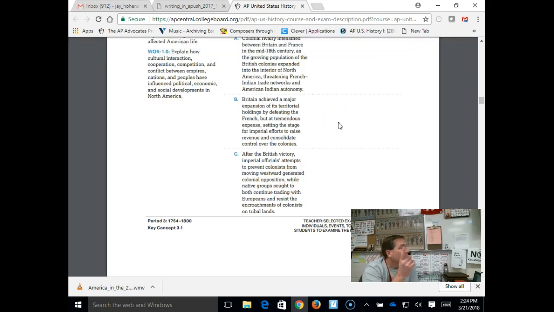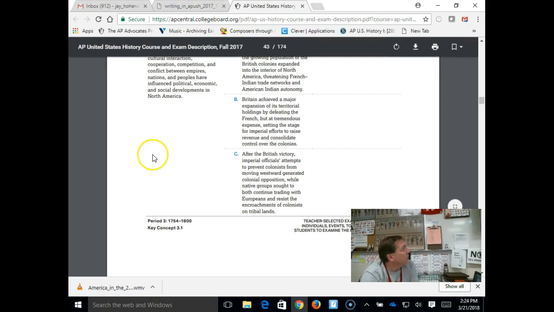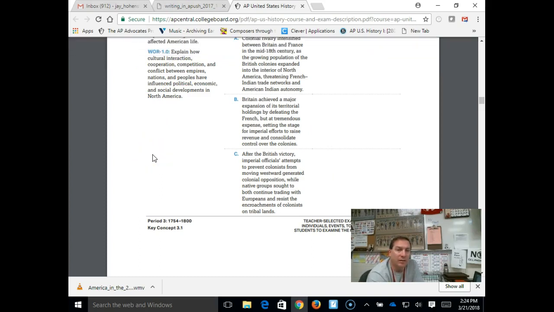What I'd like you to do then, please, is if you could go into your Chromebook, you will be able to find that there's a document that is called Steps to the Revolution or Path to the Revolution. You created a chart in the fall that gave you all the different taxes, why the king was doing it, what his motivation was, whether or not it was successful, the impact that it had on revolutionary times.